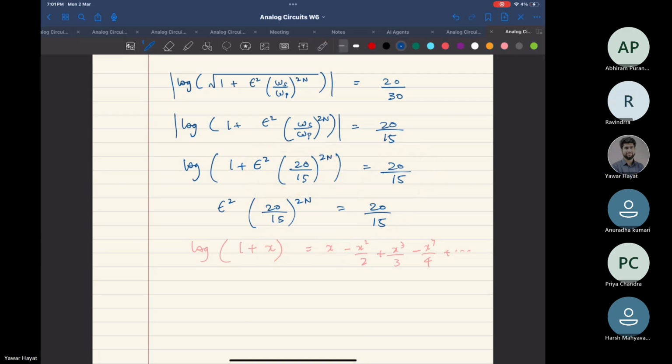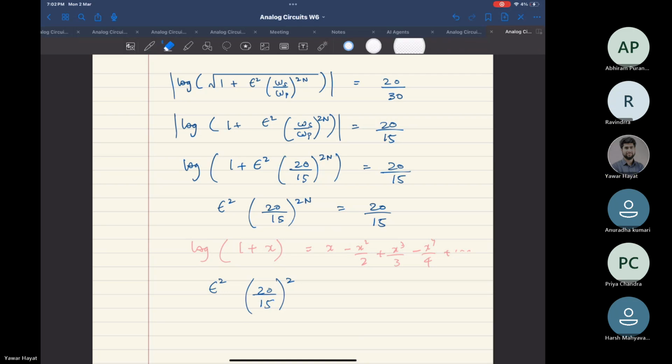Now, 20 by 15, what else can we do? If I take the reciprocal, let me do one thing. I can write this as epsilon square, this is 20 by 15 square. Can I do this?